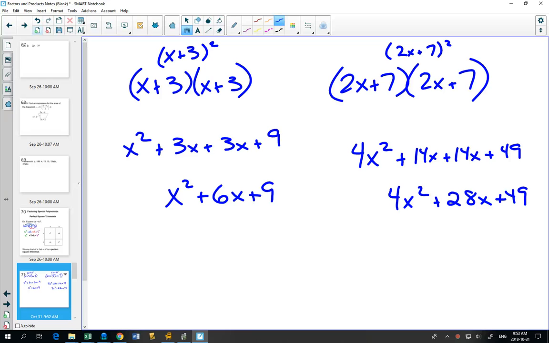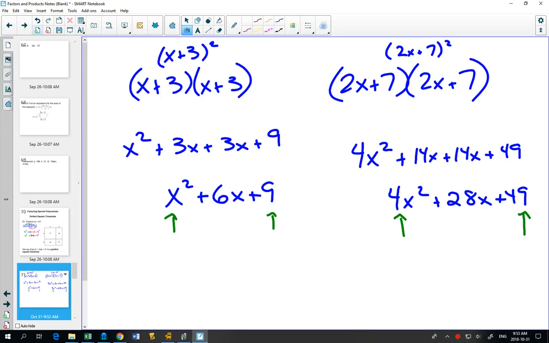So sometimes you will get ones that are factoring, and you might be able to notice it's a perfect square if a couple of things happen. If your first and last terms, can you see that in both of these, your first and last terms are perfect squares? We've got 7 times 7 is 49, and 2x times 2x is 4x squared.